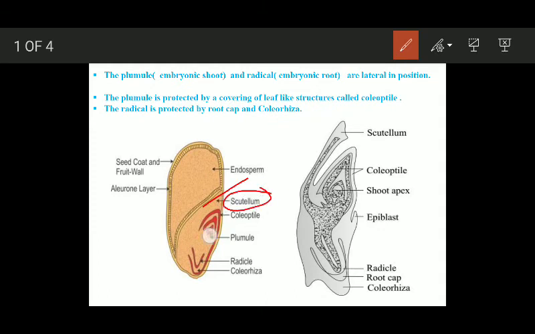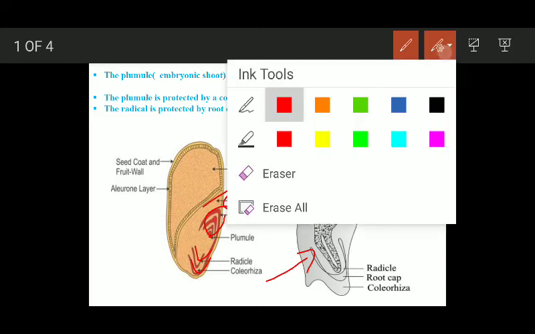Then you have the plumule or embryonic shoot, covered by the coleoptile. Then we have the embryonic root or radicle, covered by the coleorhiza. In this image you can see the cotyledon has grown rapidly and pushed the plumule to one side.